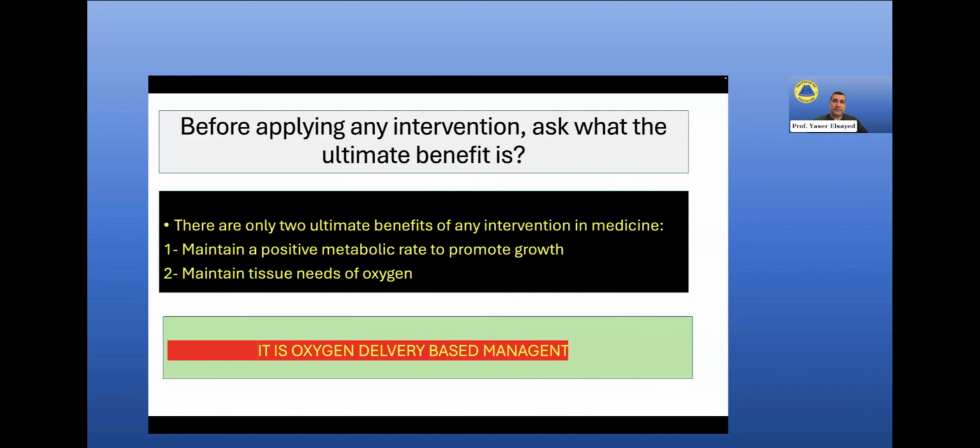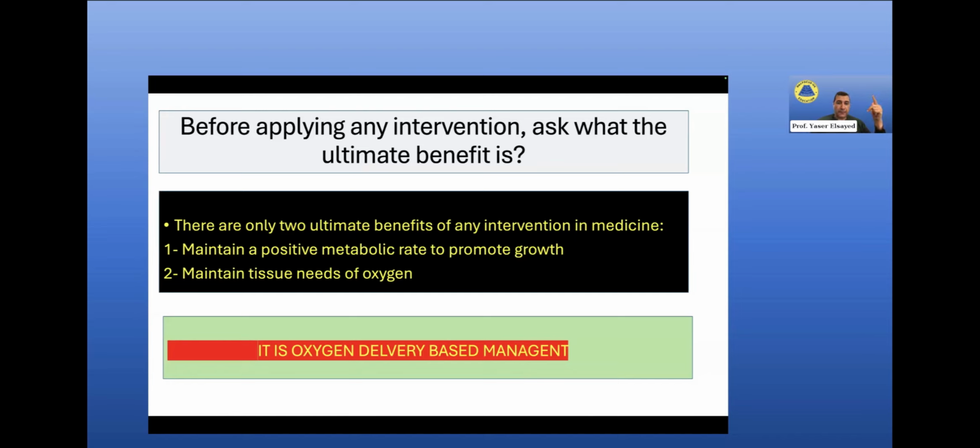Before applying any intervention, ask what the ultimate benefit is. When we are giving a medication or intervention, in medicine in general, not only in neonates but in pediatrics and adults, there are two things you are focusing on. One: maintain a positive metabolic rate to promote growth, or maintain a balanced metabolic rate even in adults.